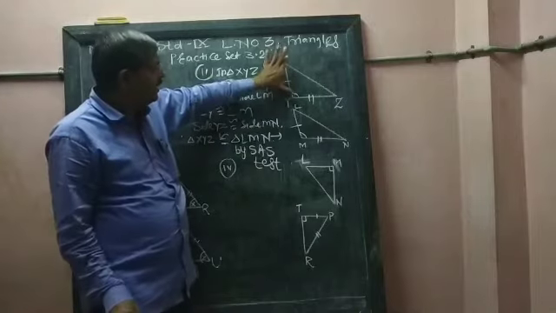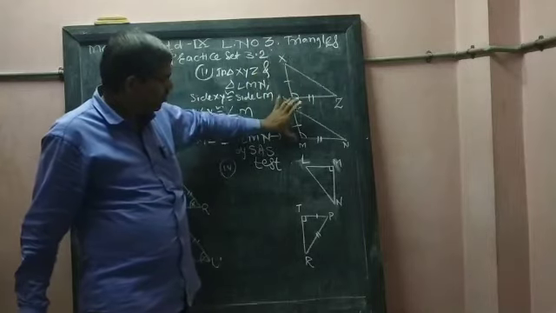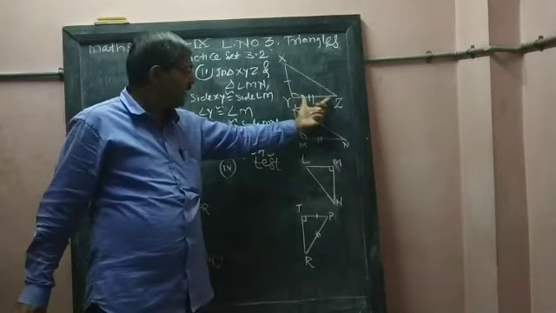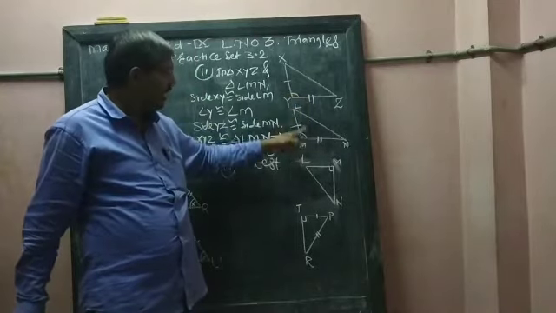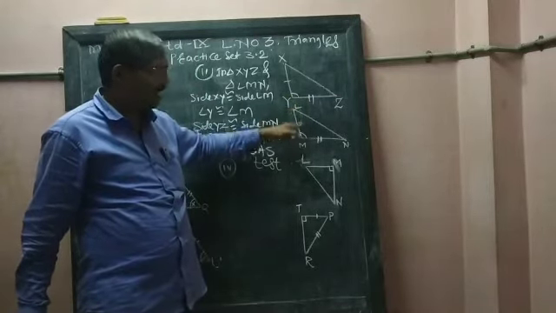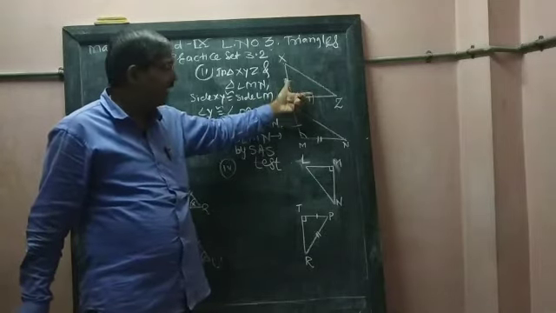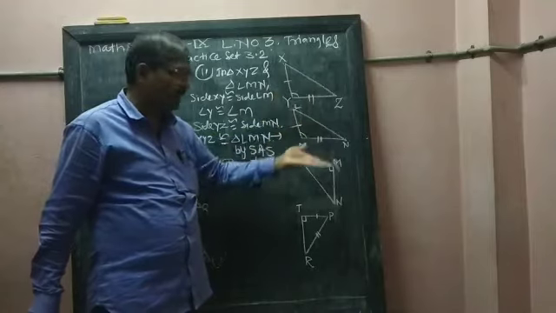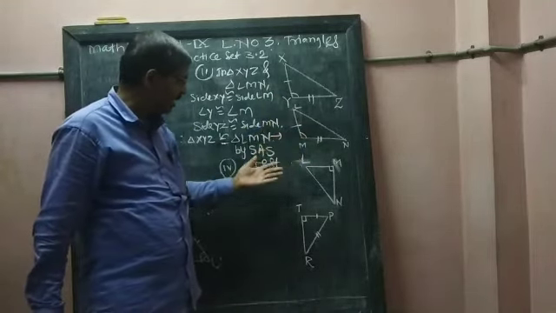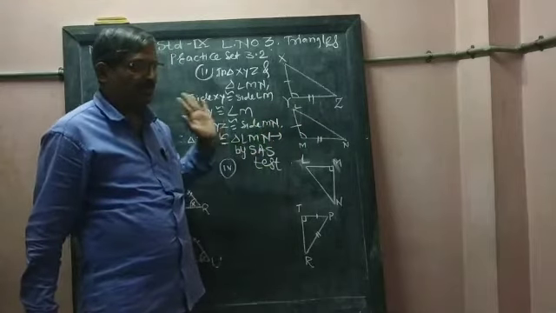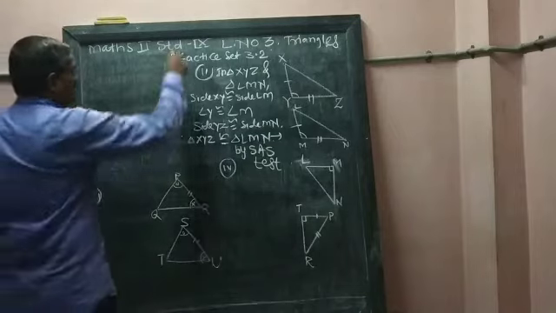Means in triangle XYZ and triangle LMN, side XY is congruent to side LM, side YZ is congruent to side MN, and angles Y and M, which are congruent, are the angles between the two congruent sides of both triangles. That's why triangle XYZ and triangle LMN are congruent by the SAS test.